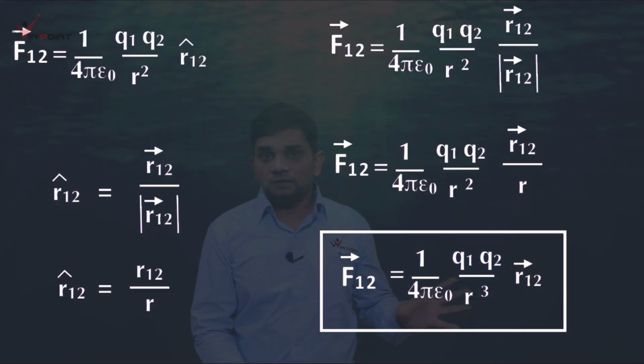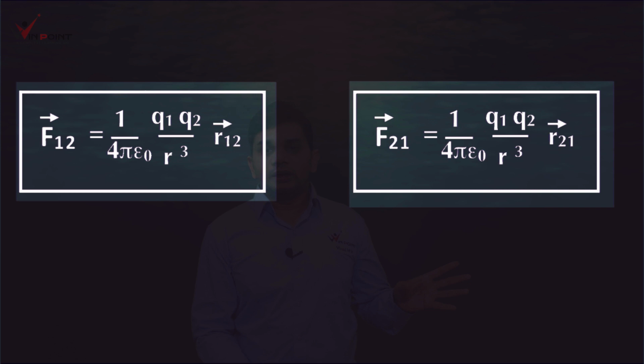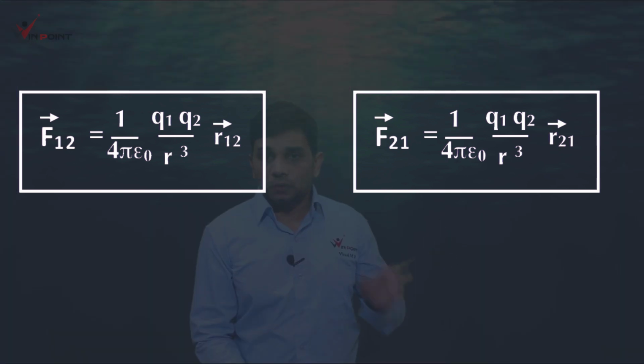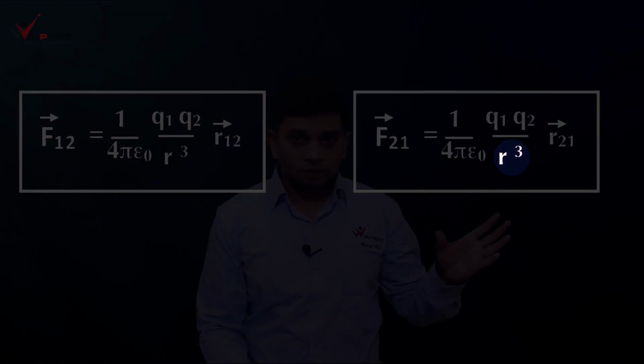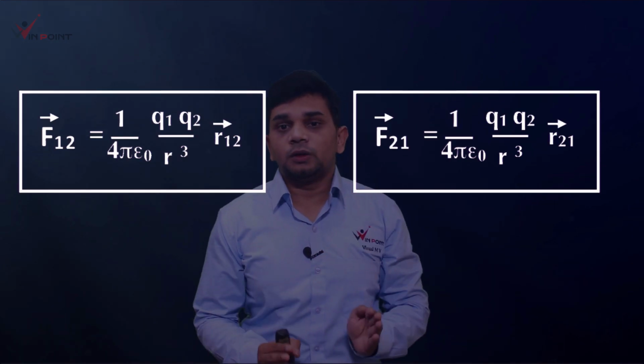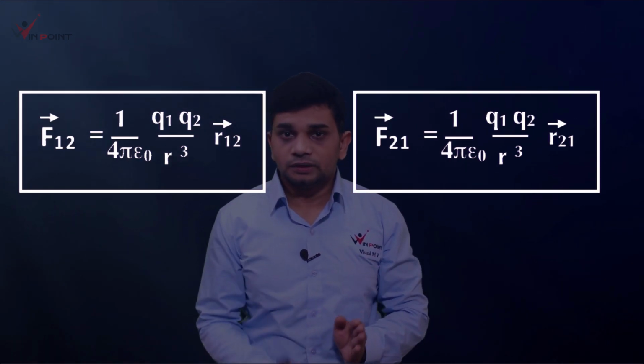Using this equation, we can make the equation for F21 also. Just rearrange it. So vector F21 equal to 1 by 4 pi epsilon 0 q1 q2 by r cube into vector r21. Instead of this r cube, if you want to use magnitude of vector r21 whole cube, that is also possible.